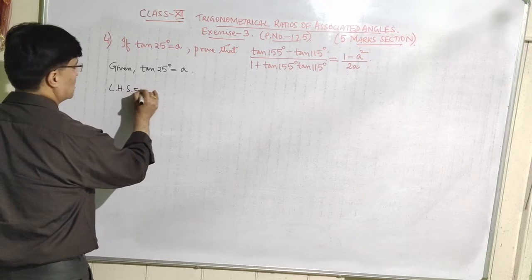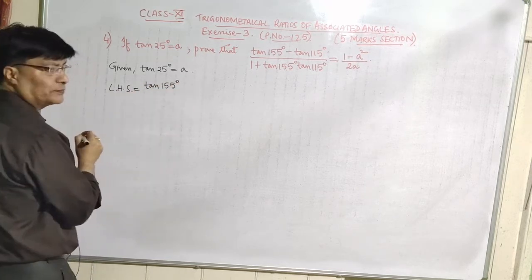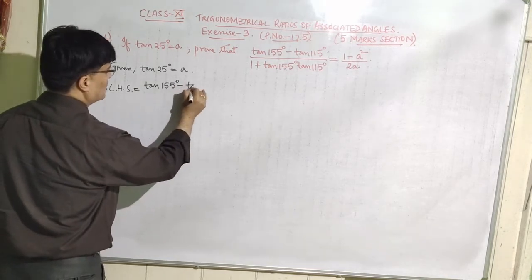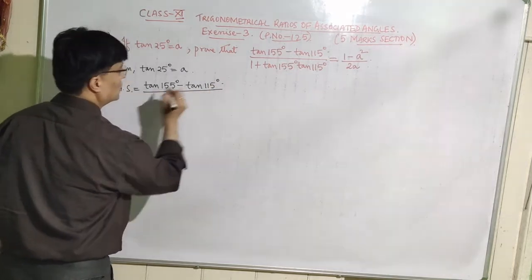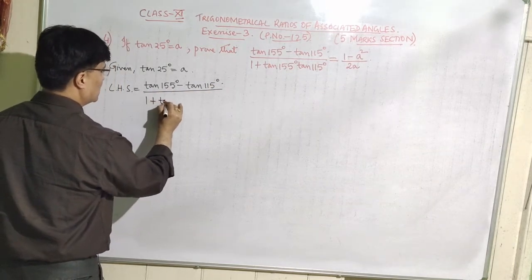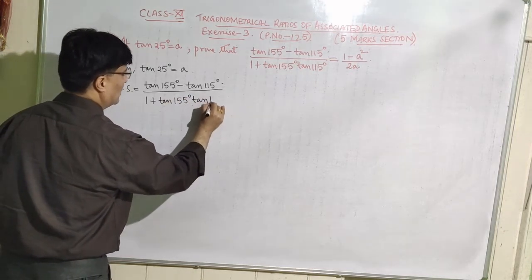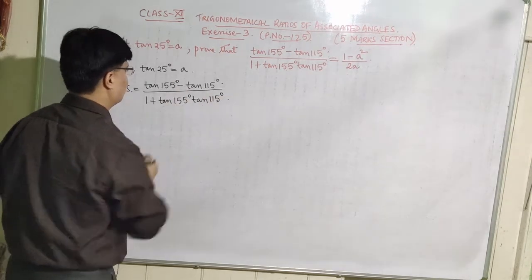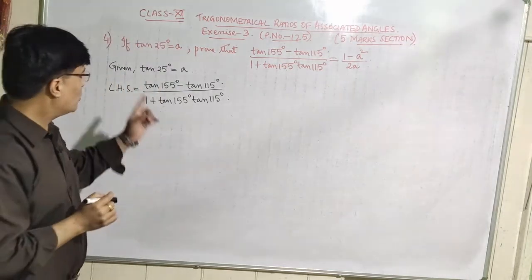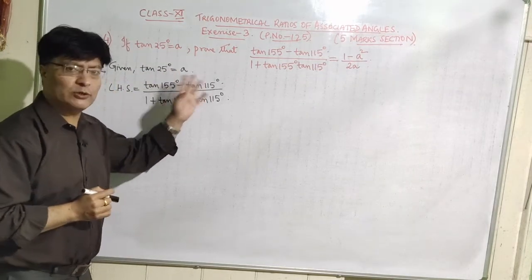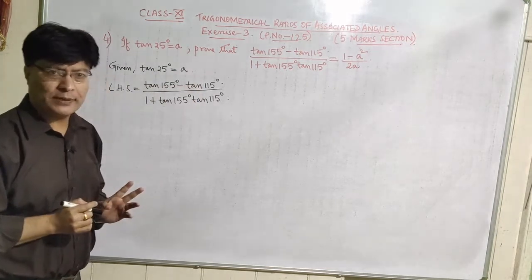LHS is equal to tan 155 degree minus tan 115 degree divided by 1 plus tan 155 degree tan 115 degree. So now how will you do this problem? Now you know the value, tan 25 degree is equal to a, right?